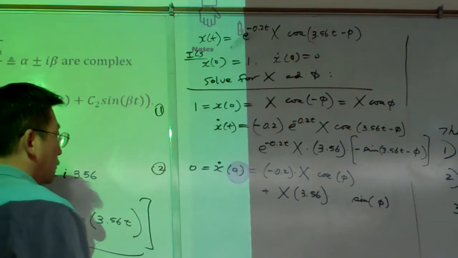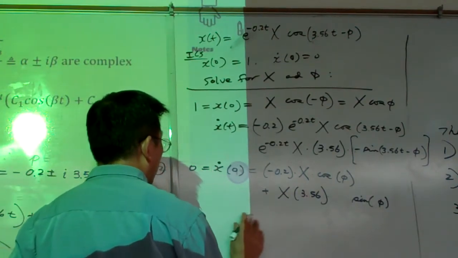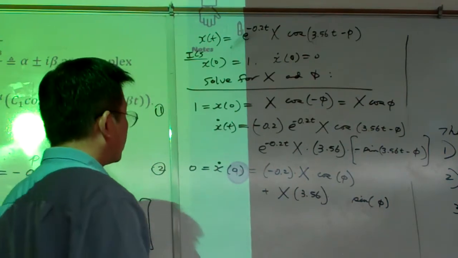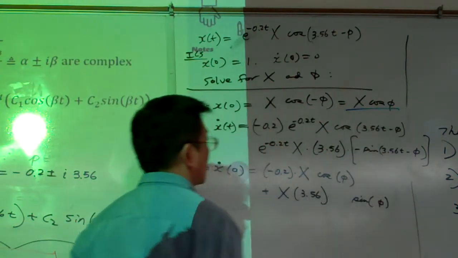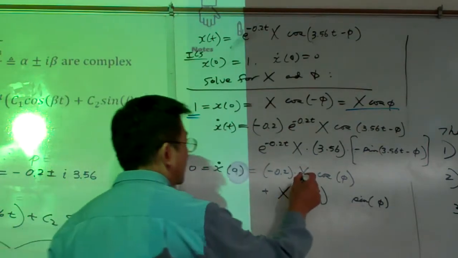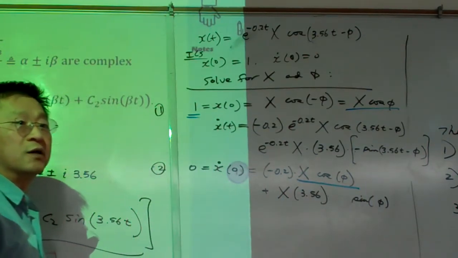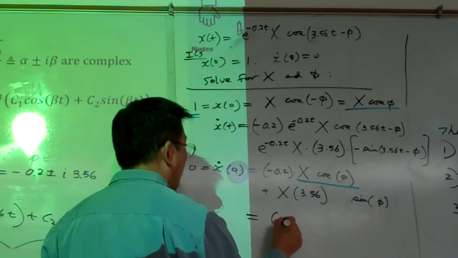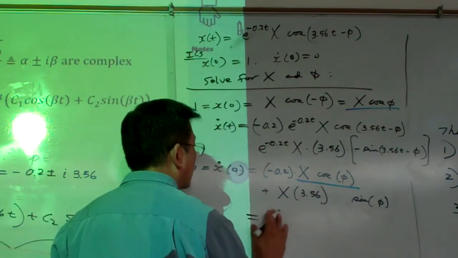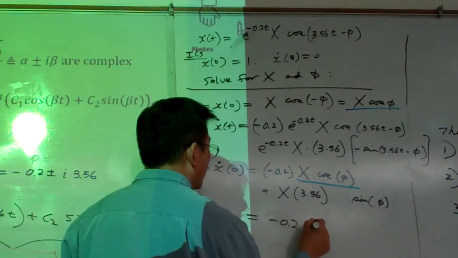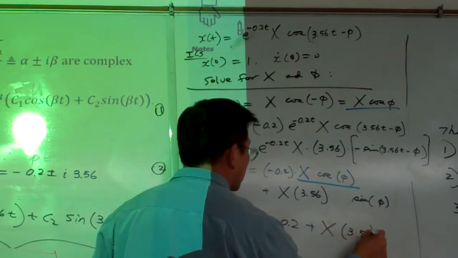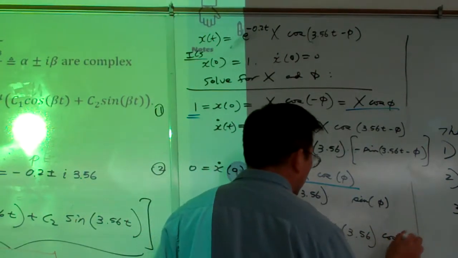From equation 2, basically here you can see X times cosine phi equal to 1. So let me further simplify: 0 equal to minus 0.2 plus capital X times 3.56 times sine phi.